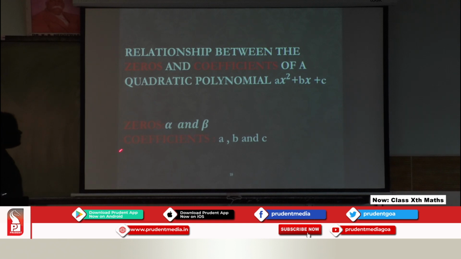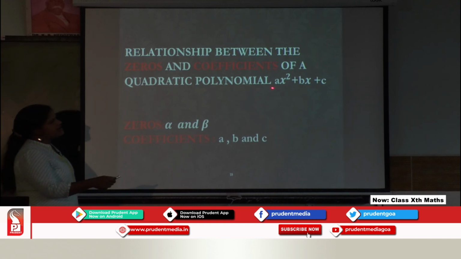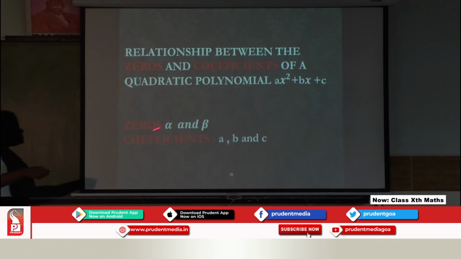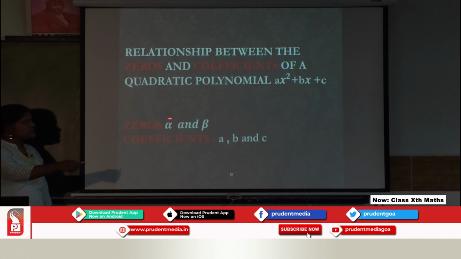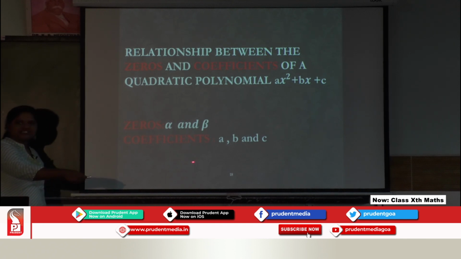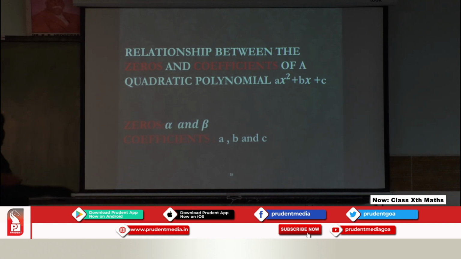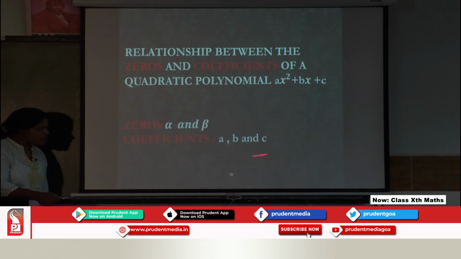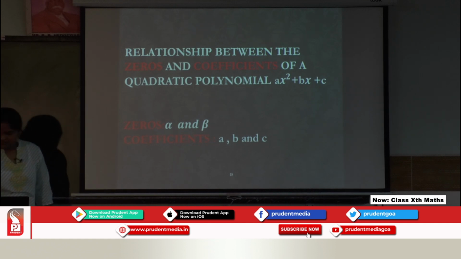The coefficients in the quadratic polynomial are a, b, and c is the constant. So we will focus on this only. For all the further calculations, we will denote the zeros as alpha and beta and the coefficients as a, b and c. What we are going to learn is the relation of alpha and beta with a, b and c.